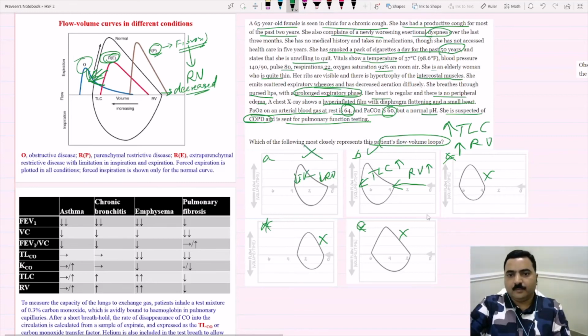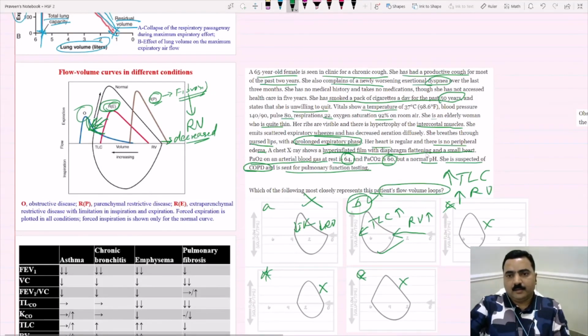So this is not the option, and this is your correct option. This is what you have to pick for this condition, which represents this patient's flow volume loop. At least in this question it's good that your diagnosis is given to you. Even without that, a prolonged expiratory phase and a flattened diaphragm point to it.